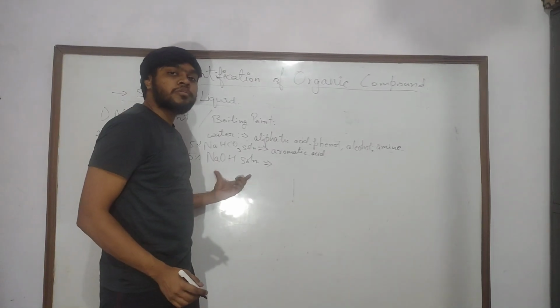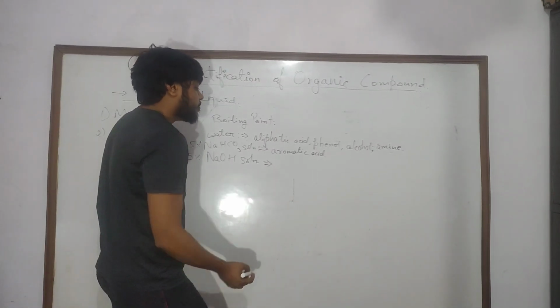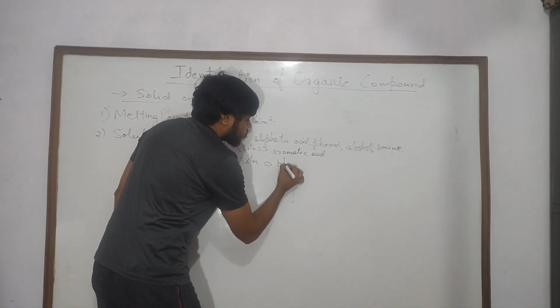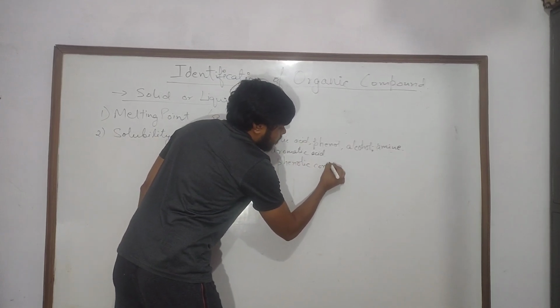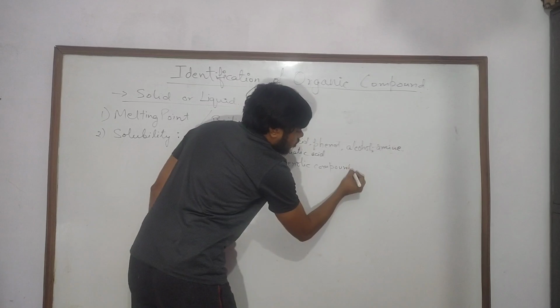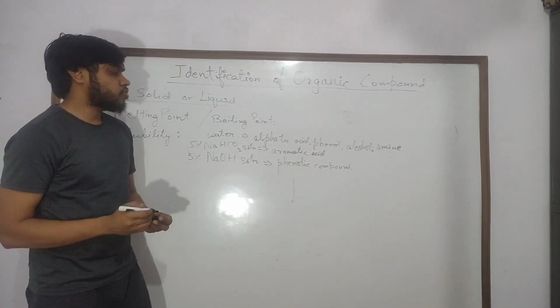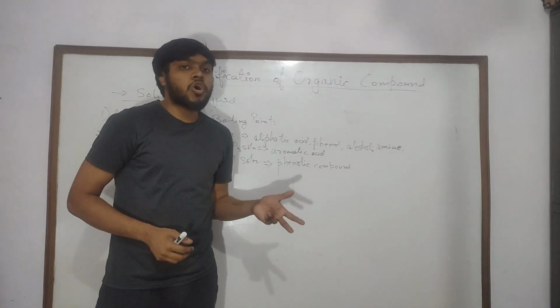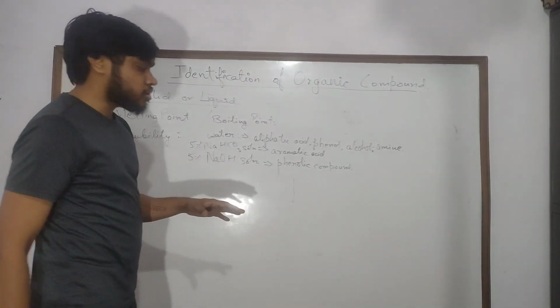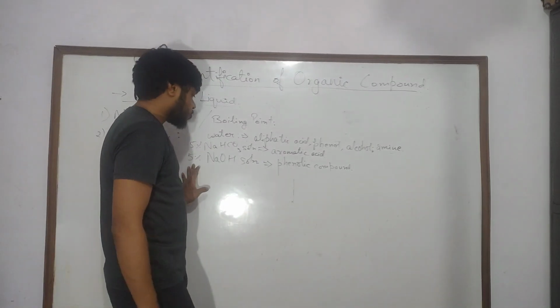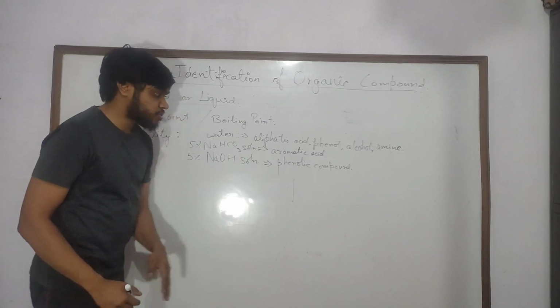If the compound is soluble in sodium hydroxide solution, it means some sort of phenolic compound is present. Not phenol, because phenol is soluble in water. It could be naphthol or some heavier phenols which are insoluble in water. Okay, so these compounds are soluble in 5% NaOH solution.